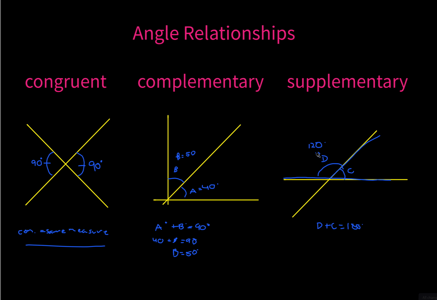So when we go ahead and plug in that the measure of angle D equals 120 degrees, we can then subtract 120 to learn that the measure of angle C is 60 degrees. All right, there are three important angle relationships that we will go ahead and continue learning about later.